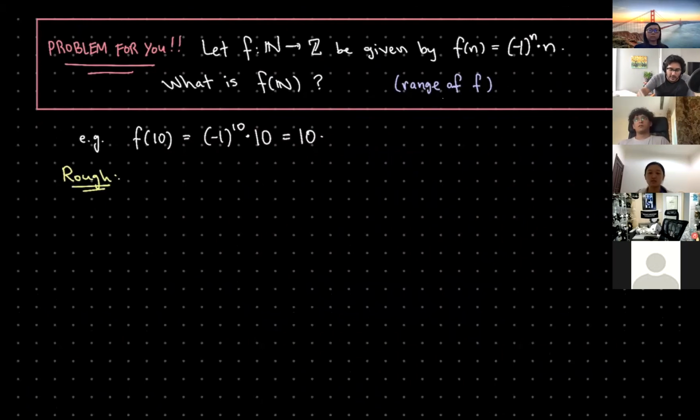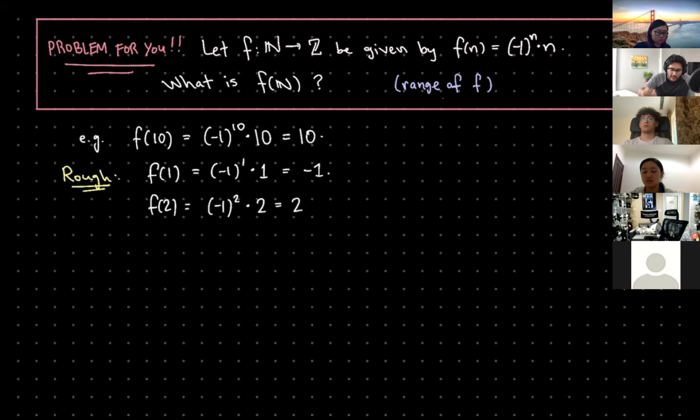The only way I can really get a handle on what this function is doing is maybe to do some more examples. So f of 10 was 10. Let's just start finding all the numbers in order. f of 1 would be negative 1 to the power 1 times 1, which is negative 1. f of 2 would be negative 1 to the power 2 times 2, which is positive 2.